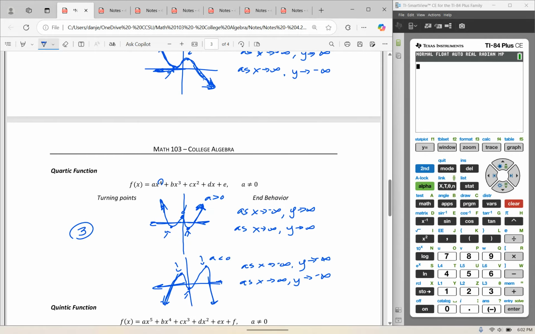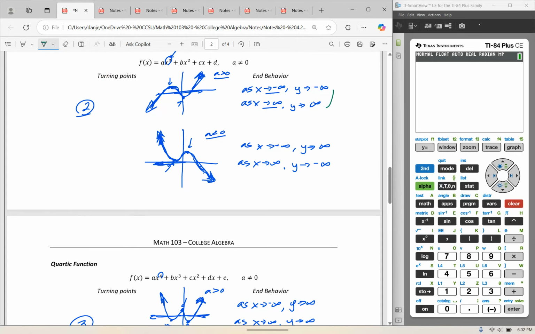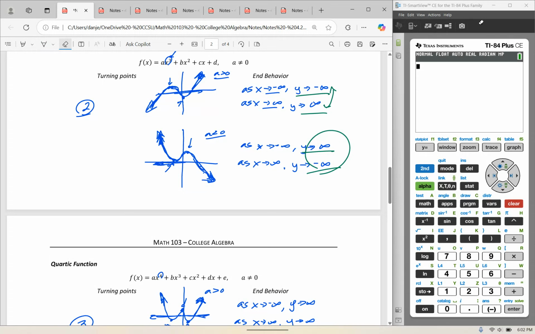Like I said before, when the degree is odd, what you should notice is that these end behaviors are opposites. Y is approaching positive infinity, negative infinity. Y is approaching negative infinity or positive infinity. Those are going to be opposites of each other.